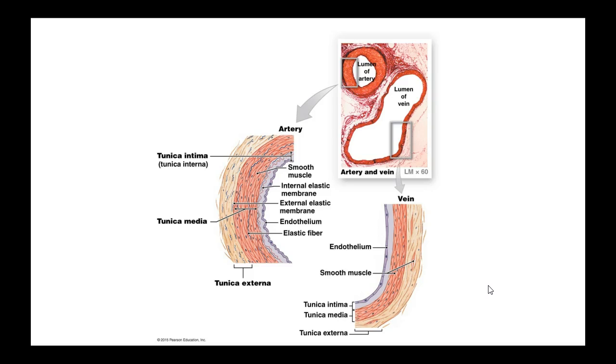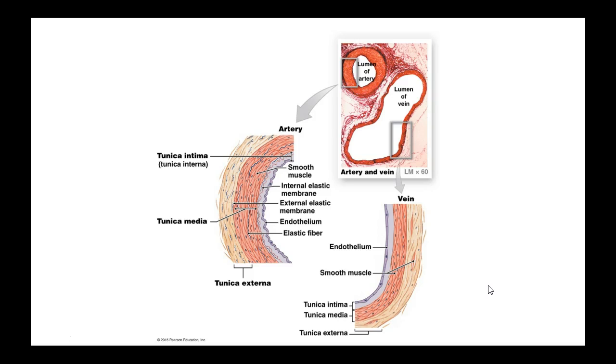So epithelium, basement membrane, connective tissue. And this opening is called the lumen. So you can see in this upper picture a lumen of an artery and a lumen of a vein. Take a look at the blood vessel wall. Which one's thicker? Artery, absolutely. So why do you think it's thicker?